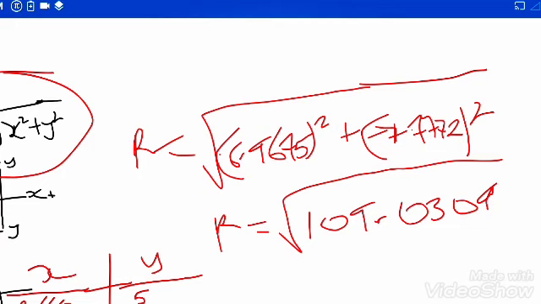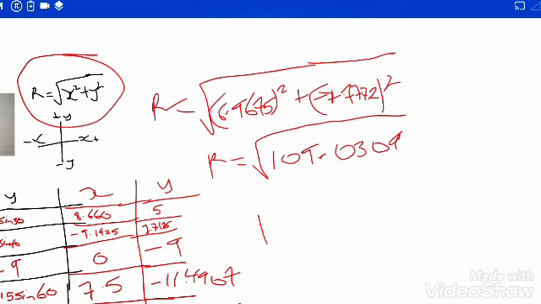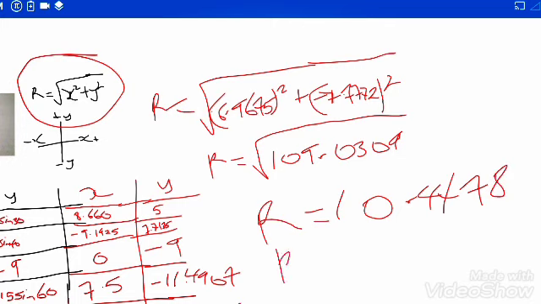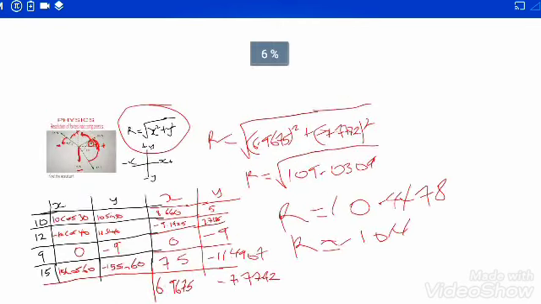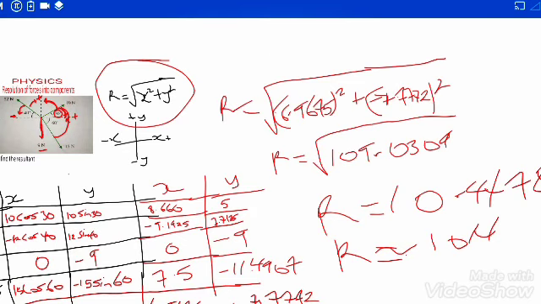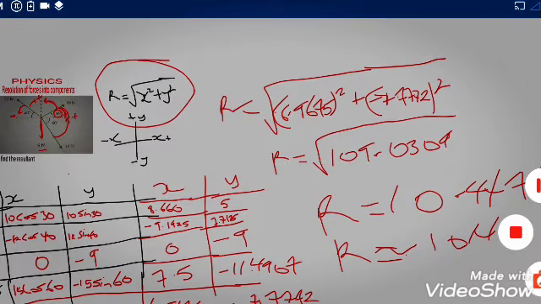And when you take the square root, R will now be 10.4478, and R is approximately 10 Newton. Okay, so that is how to solve a question like this. Alright, in my next video I'm going to pick another question.